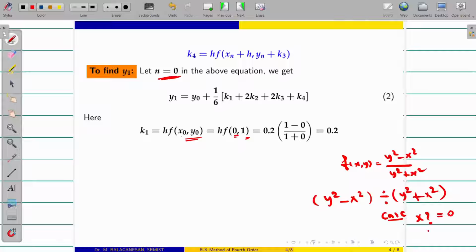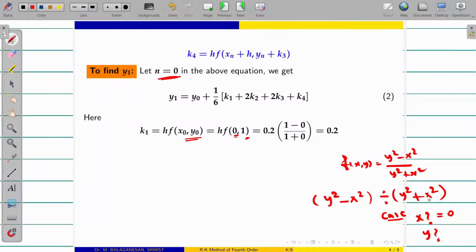And after you press 0, it will ask what y is, because there are two variables, x and y. If you want to use the pink color letters, you have to use the alpha button. So here there are only two variables. Similarly, you can use the pink color letters in the calculator: X, Y, M, A, B, C, D, E, F, I think so. Everything you can use to insert the formula.